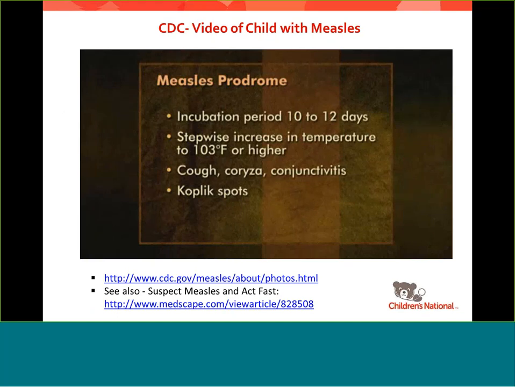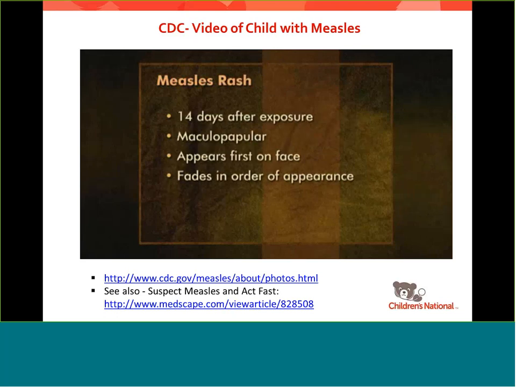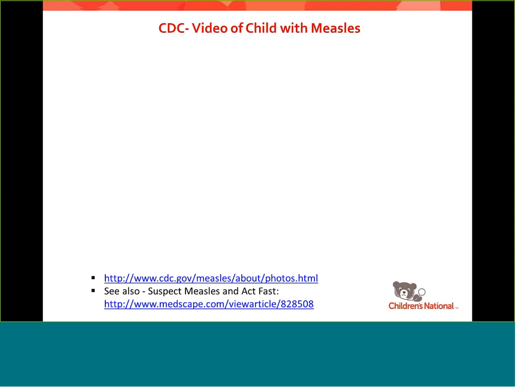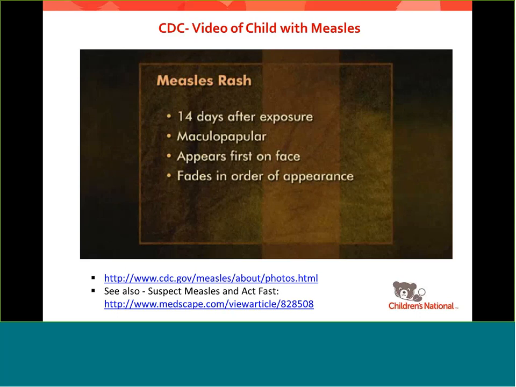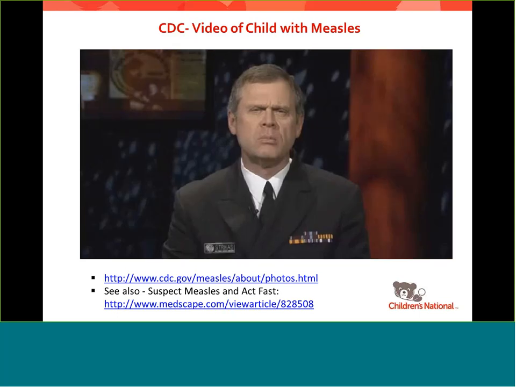This prodrome usually lasts 2 to 4 days. The rash appears about 14 days after exposure. It is caused by deposits of measles antibody in the skin. The rash, papular, appears first on the face. During the next 2 or 3 days, it descends to the trunk, then to the arms and legs. The rash fades in the order of appearance.